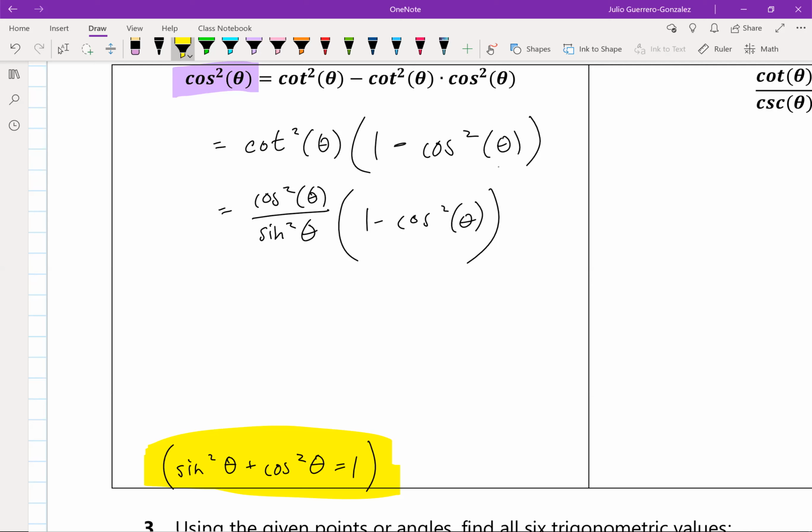Oh, so the same rule works for the other functions? You get what I'm trying to say? Kinda. So if you look at the thing in yellow, 1 minus cosine squared is equal to what? It's the thing at the bottom, isn't it?